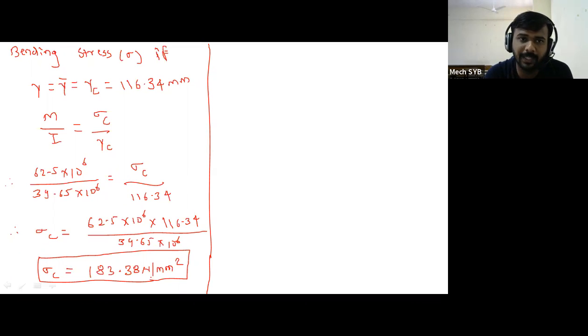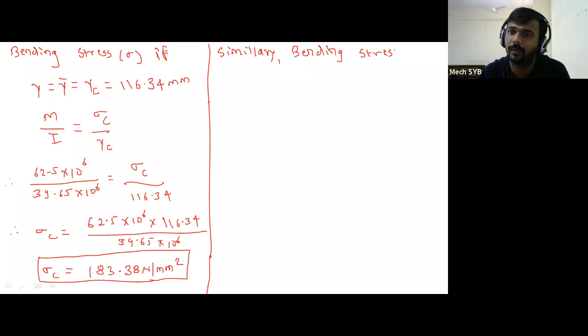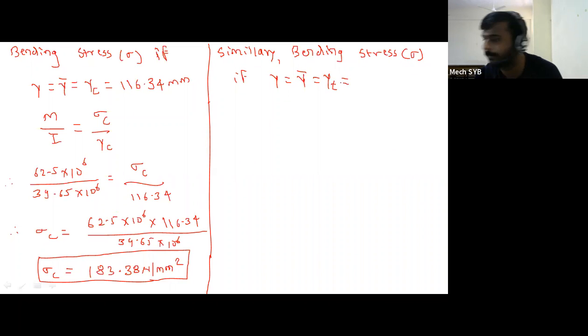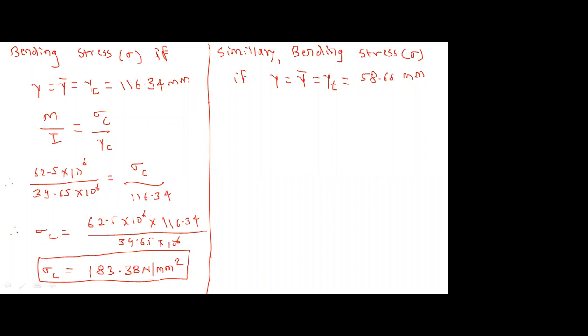This sigma is the first bending stress if your y bar is equal to yc. Similarly, bending stress sigma, if capital Y is equal to y bar is equal to yt, what is the value of yt? 58.66 mm.